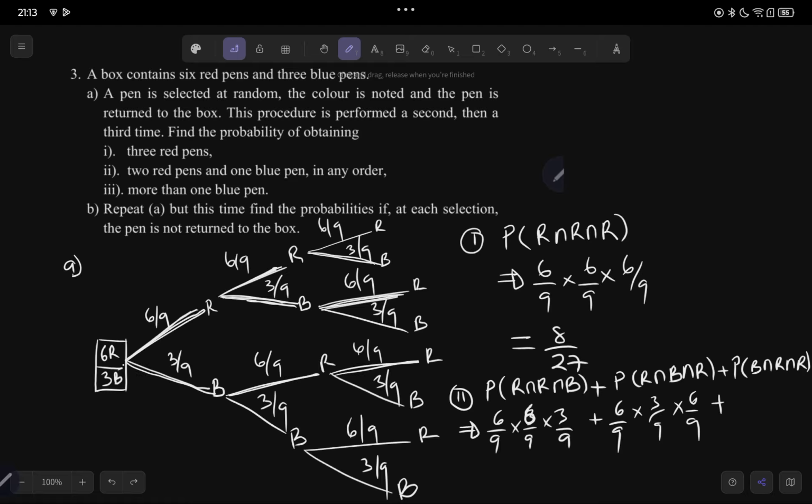Then the third one is blue, red, red. So it is 3 out of 9 times 6 over 9 times 6 over 9.